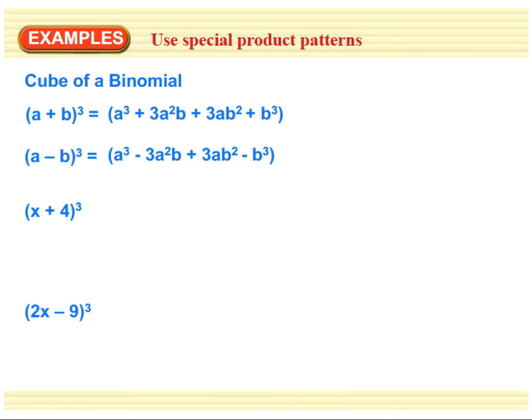Okay. Now, we have a couple special patterns when we're going to cube binomials. If we have a plus b cubed, this is going to be the pattern we're going to follow, where a is the first term, b is the second term. Don't worry about the signs. A minus b cubed.